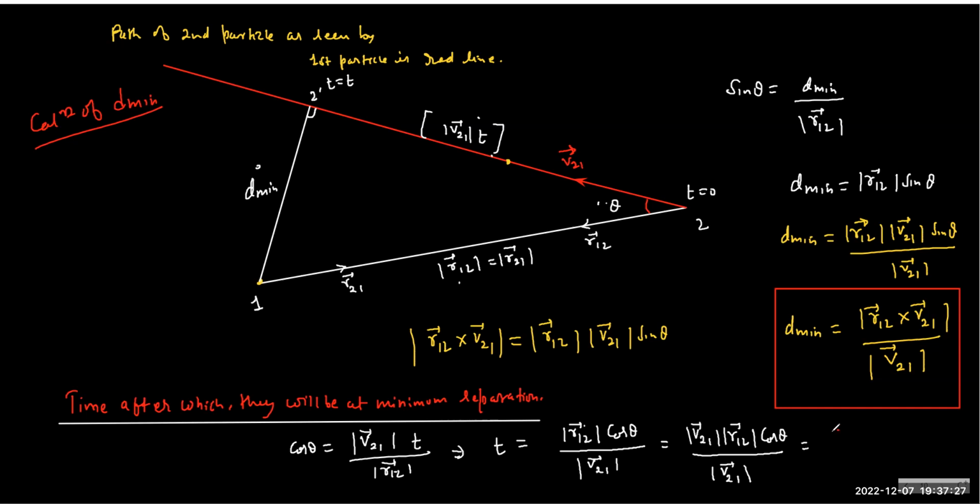So you can write it the way you want, R12 dot V21 upon V21 squared. Take a modulus here because time cannot be negative, but dot product can be negative. So we make sure that we have a positive answer.